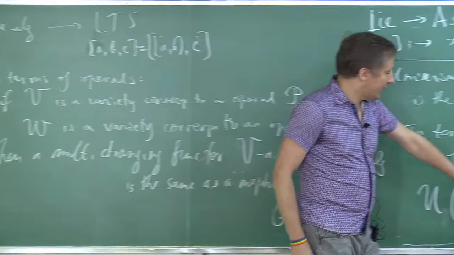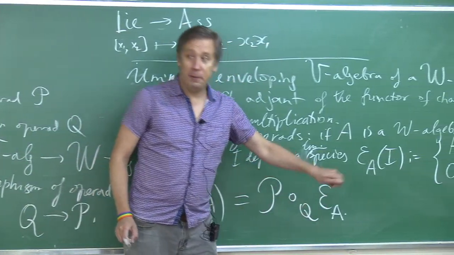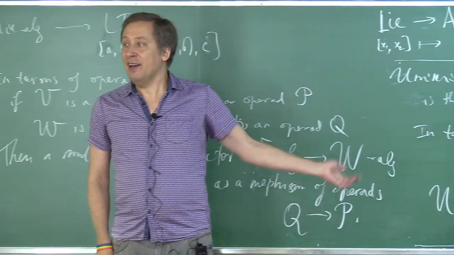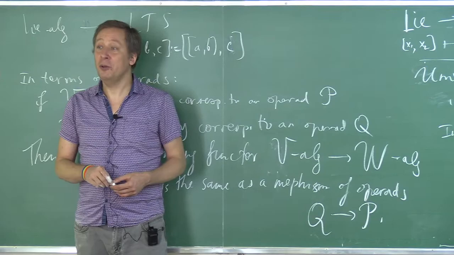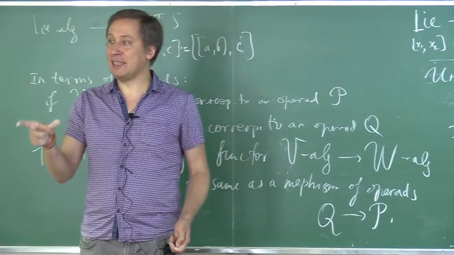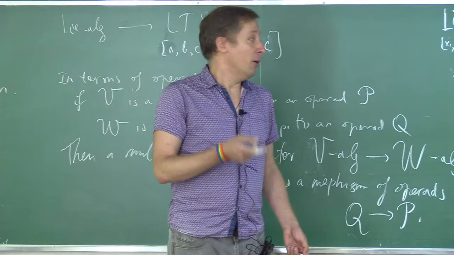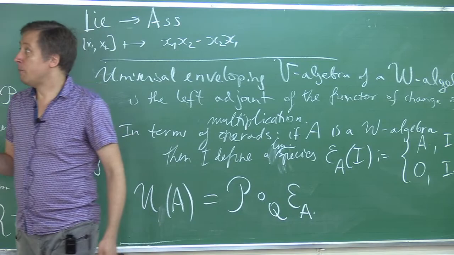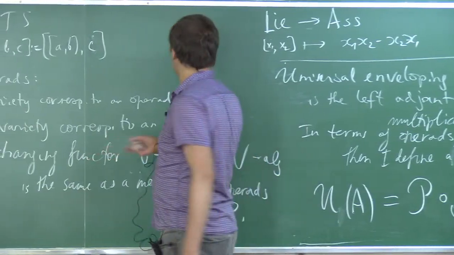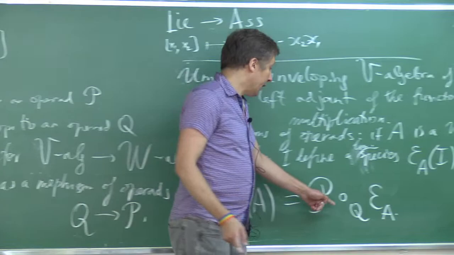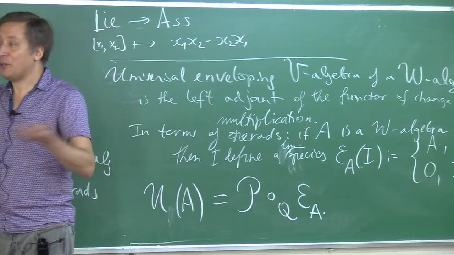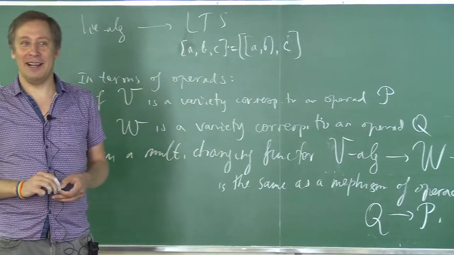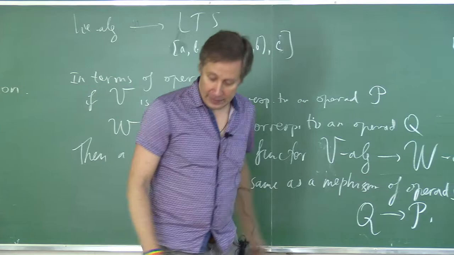So if we erase Q, the composite product of P with EA is just the free P algebra generated by A. What does this composite product over Q do? It precisely says that if we have some operation in P that comes from Q, we can already compute it on our algebra A. And so it's precisely the universal enveloping algebra I've been talking about.